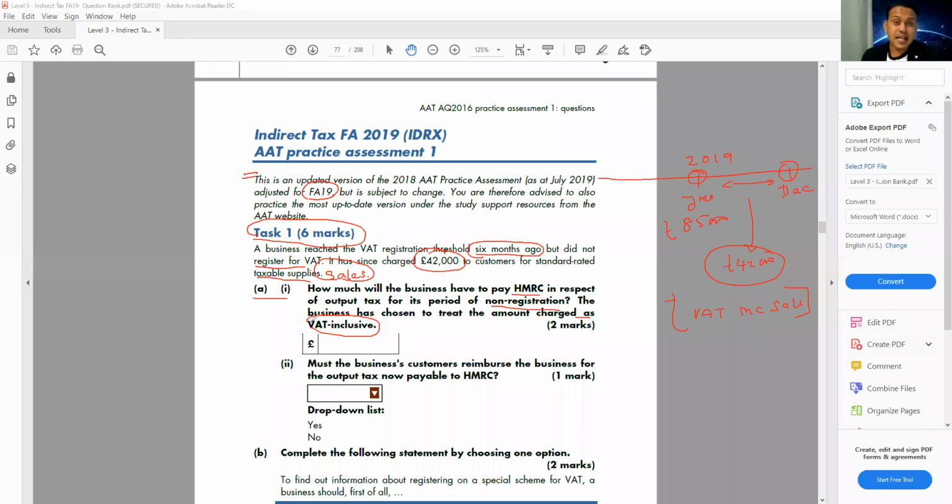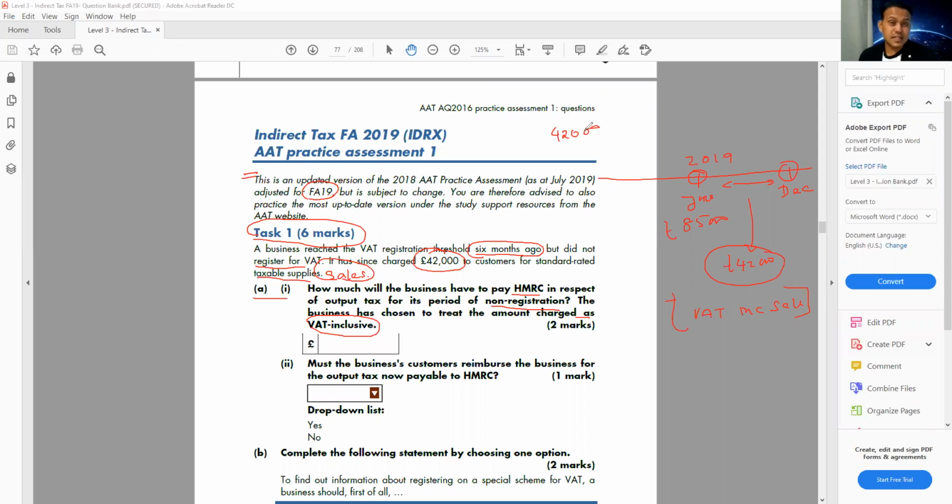So HMRC said the amount of 42,000 will be considered as included VAT. Even though there is no VAT, you forgot to register, so we will treat this as inclusive VAT and you have to pay the VAT. So if the VAT is inside the 42,000, how much is the VAT inside?